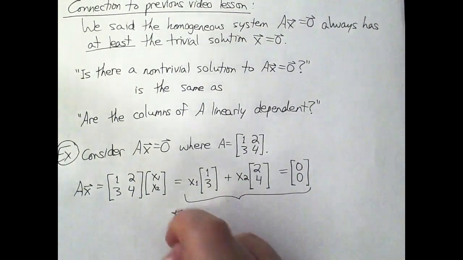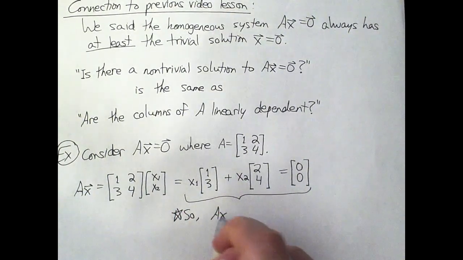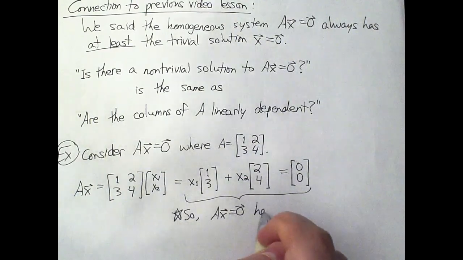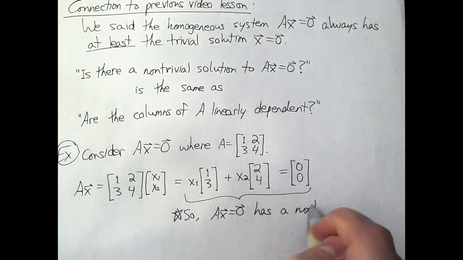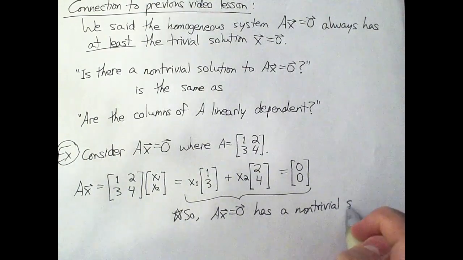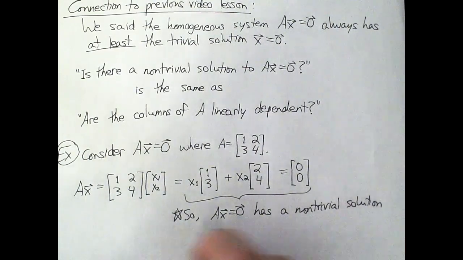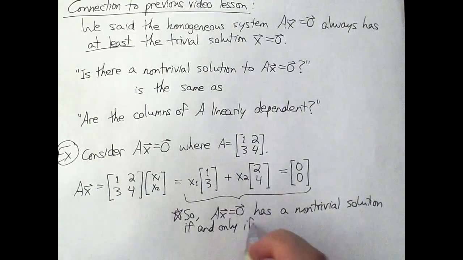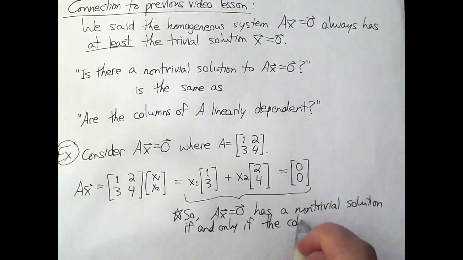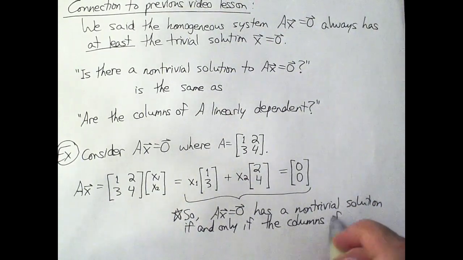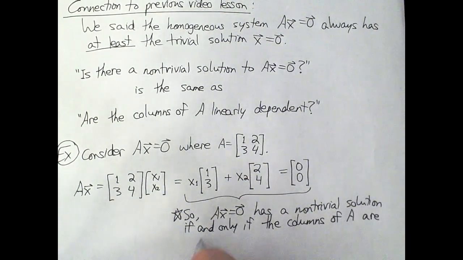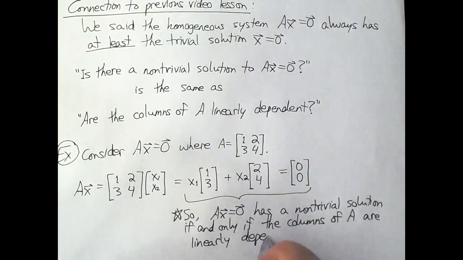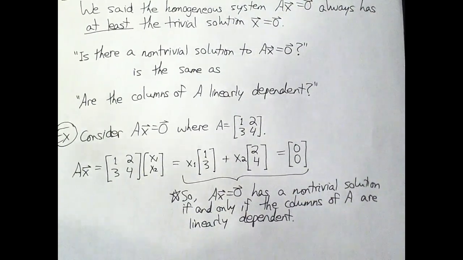So AX equals 0 has a non-trivial solution if and only if the columns of A are linearly dependent, because that would mean there is a non-trivial solution to this.